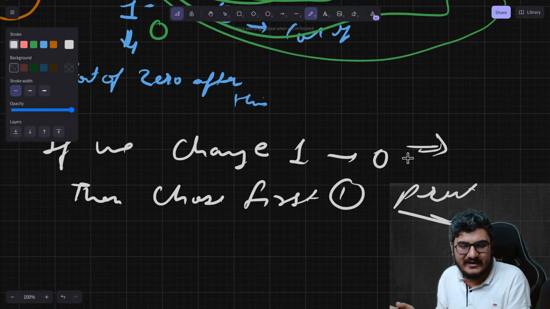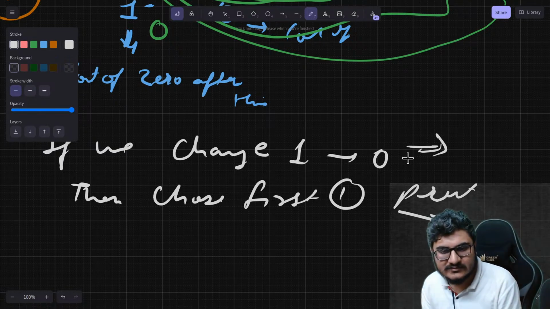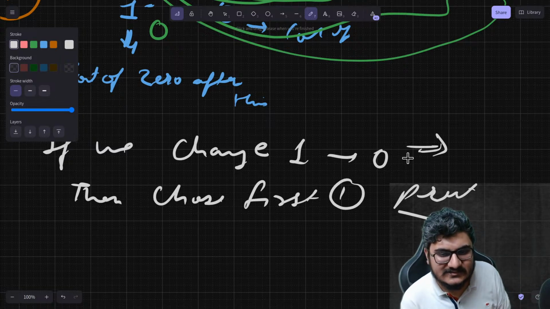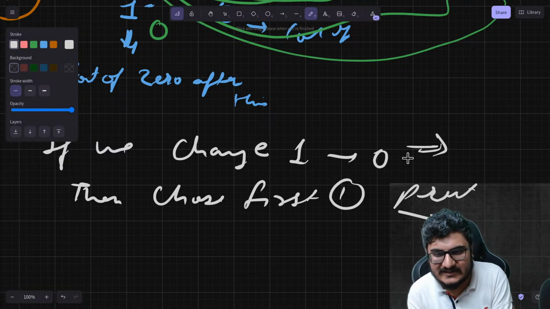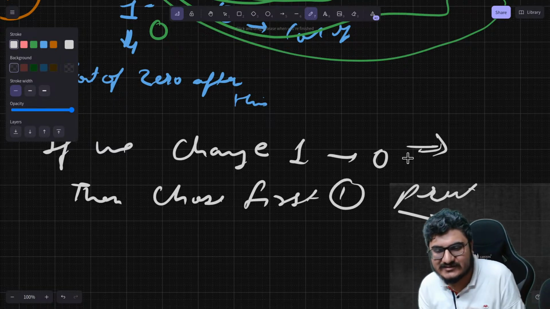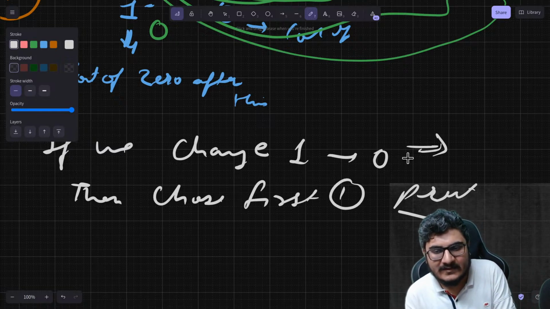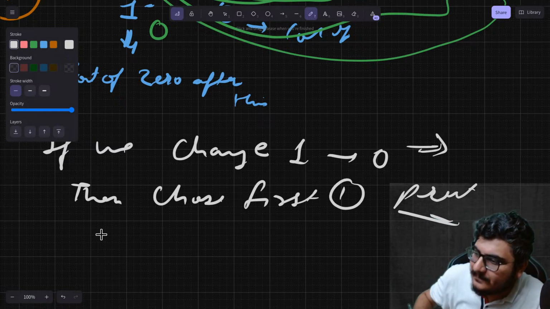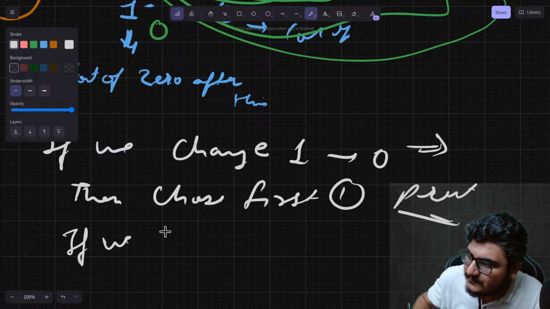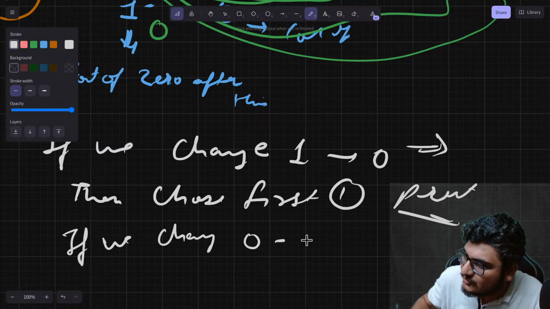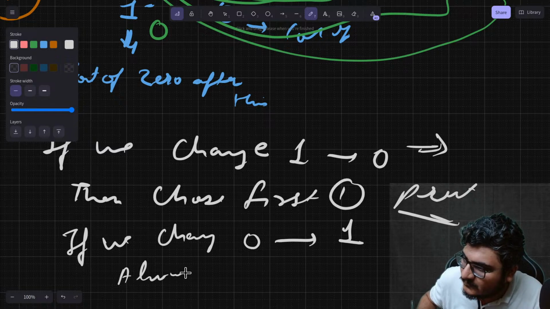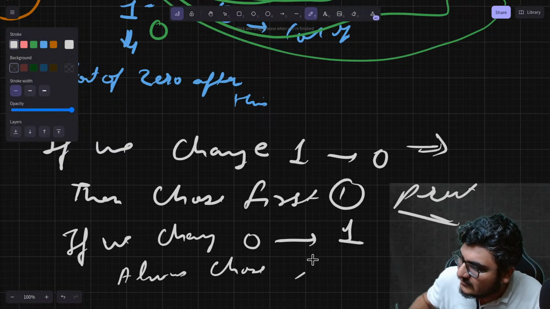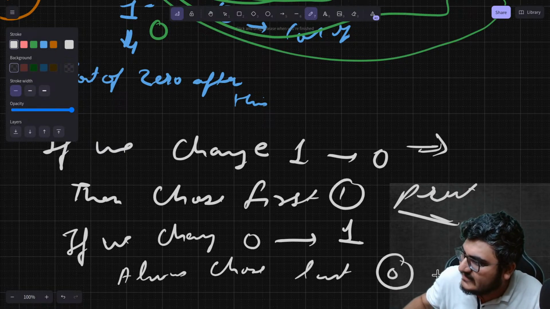I am yet to comment about how many 1s we should change, how many 0s we should change. Your example is correct, but I am yet to reach that observation. And similarly, if we change some 0 to 1, always choose the last 0. The idea is similar.